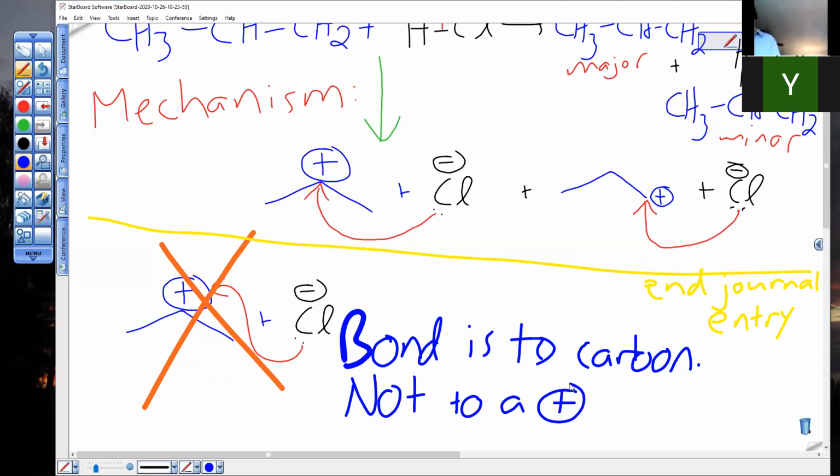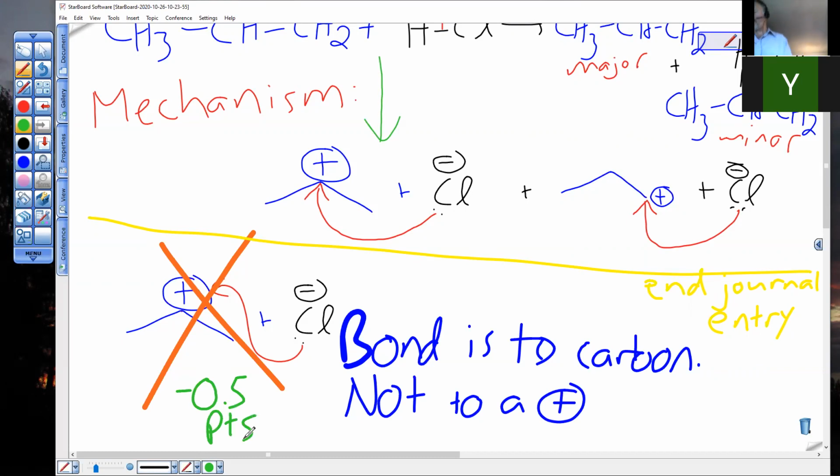It's describing the carbon's charge. Bonds are to atoms. Please tell me which atom. See, that arrow ends right at the carbon. This arrow ends right at the carbon. If you have it ending at the charge, you're going to lose a half point. Not a full point. You've got the general idea, but you're just not accurate enough on your arrow.